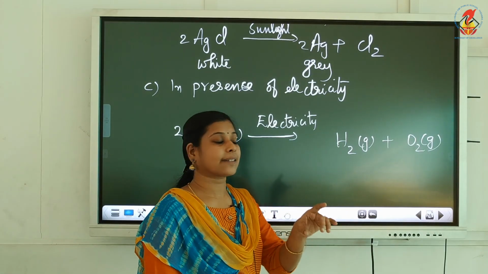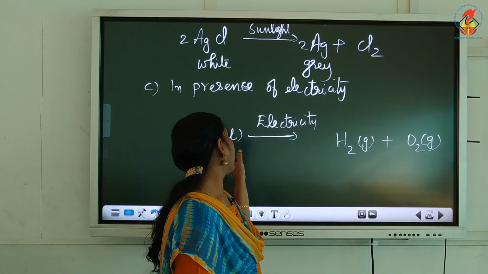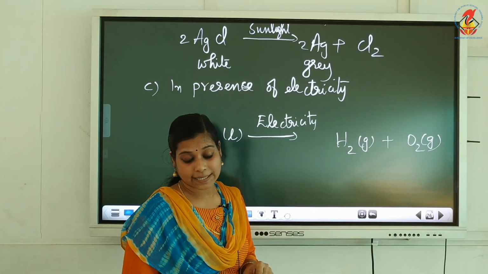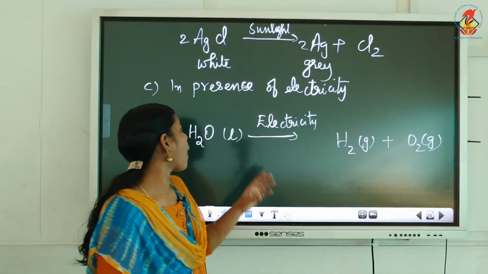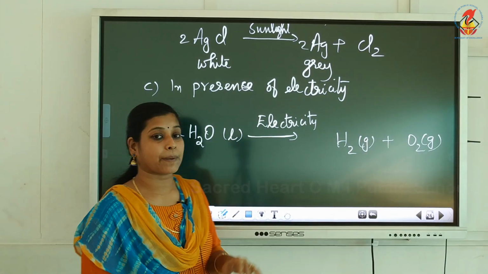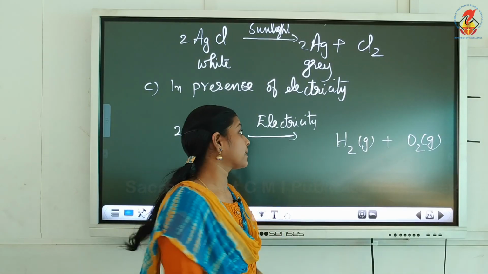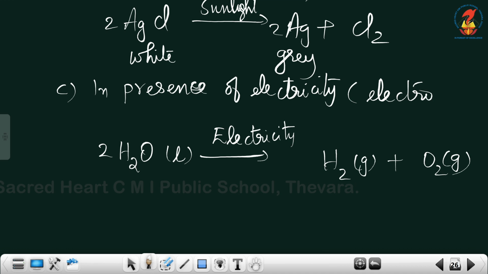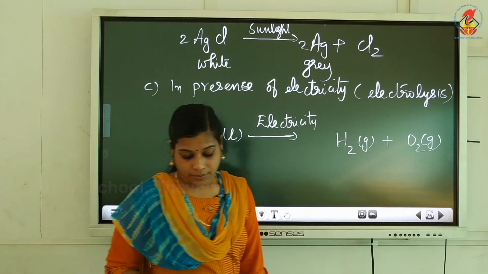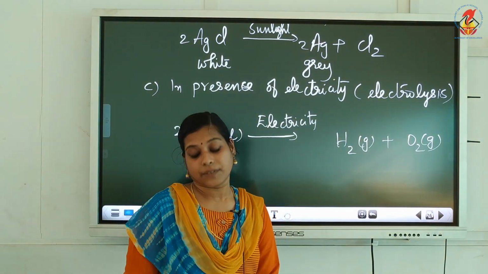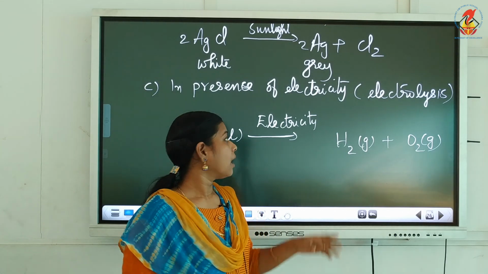When we pass electricity through water, it undergoes decomposition, which is known as electrolysis or electro decomposition. Another name is electrolysis. So all these are the three different types of decomposition reaction.